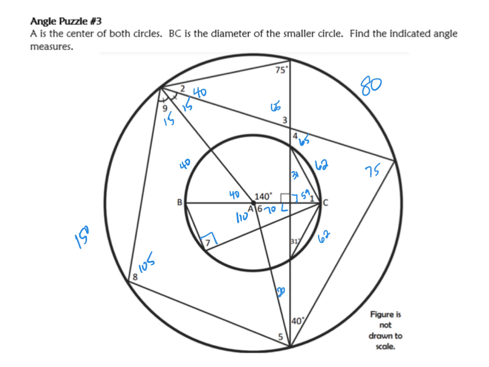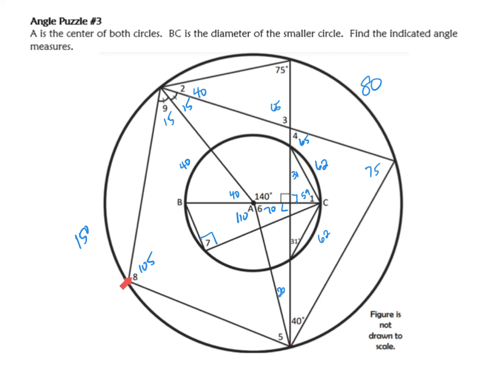Let's see, do I have everything yet? Oh, I still need angle 5 down at the bottom. And then I think I have everything. Okay, so angle 5 down at the bottom. I can see it's part of this quadrilateral right here. Okay, so again, 360 degrees.